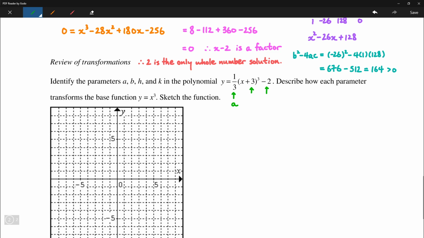This was the h value, and then k is negative 2. So when a is equal to 1/3, we have a vertical stretch by 1/3. h is equal to negative 3, so the graph moves left 3 spaces. And k is negative 2, so the graph is moved down 2 spaces.